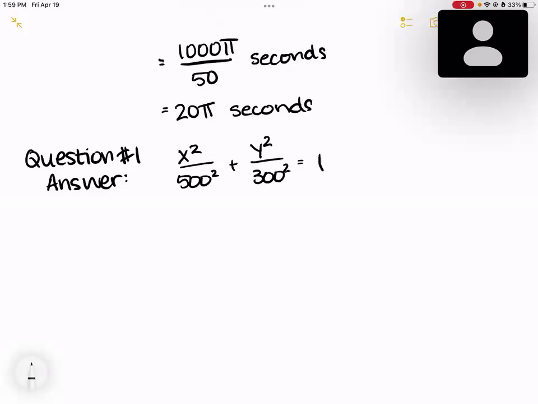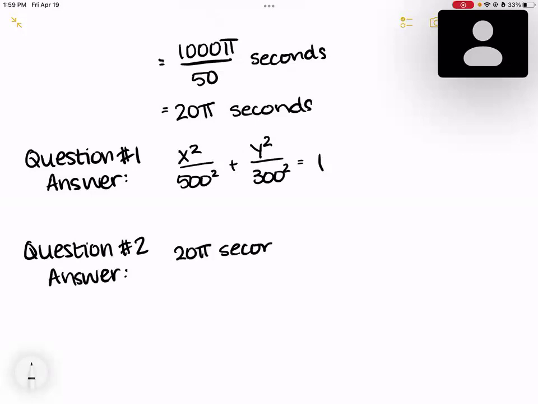That's the equation of the racetrack's ellipse. And then for question number 2, it takes approximately 20 pi seconds to do one full lap.